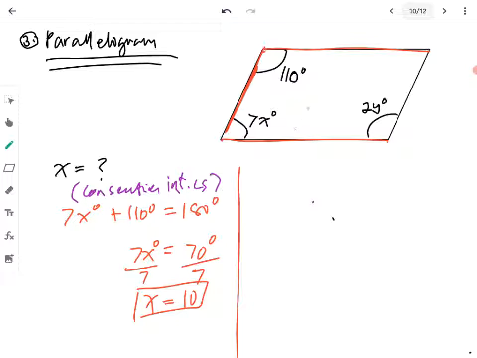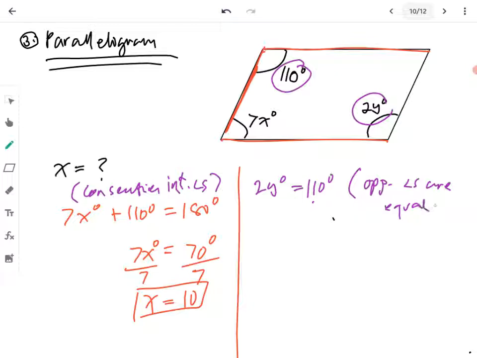Now we have the 110 and 2y, they are equal because they are opposite angles. So 2y degrees is 110 degrees, opposite angles are equal. Of course, this is in a parallelogram. Divide by 2, therefore y is simply 55. So that's how easy.